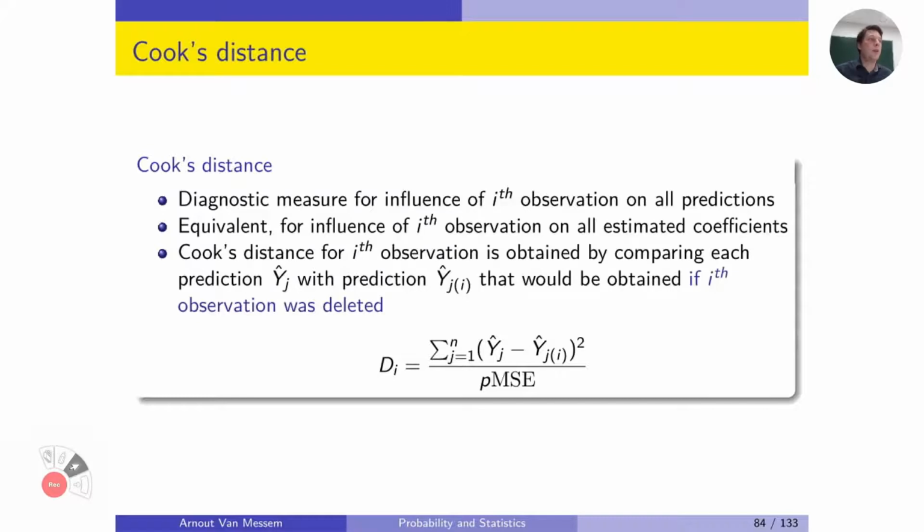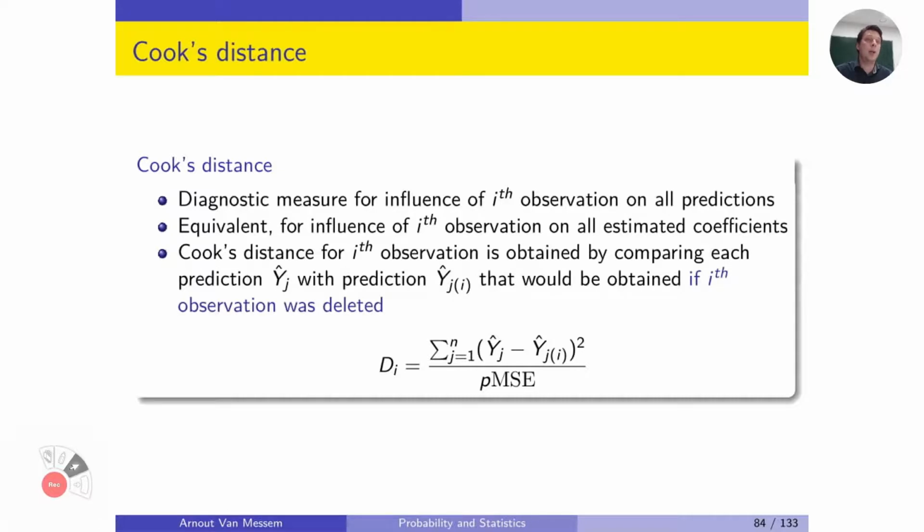So if my observation has a large influence, my Cook's distance will be large. So I want to see, does it change the predictions? Does it change the regression coefficients very much? So if it changes the predictions, it means that my model is very different from the model without the observation.